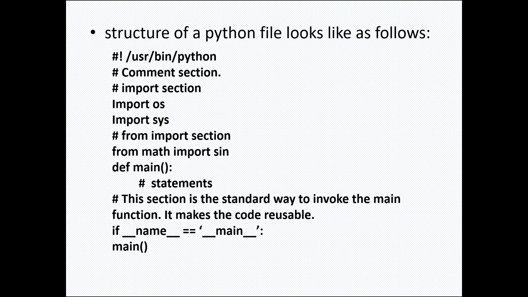Main is a good place to put all the high level code for solving the particular problem. The last section invokes the main function only if the module is executed as a script. It prevents the execution of the main function when the module is imported in other scripts. It is used to execute some code only if the file was run directly and not imported.